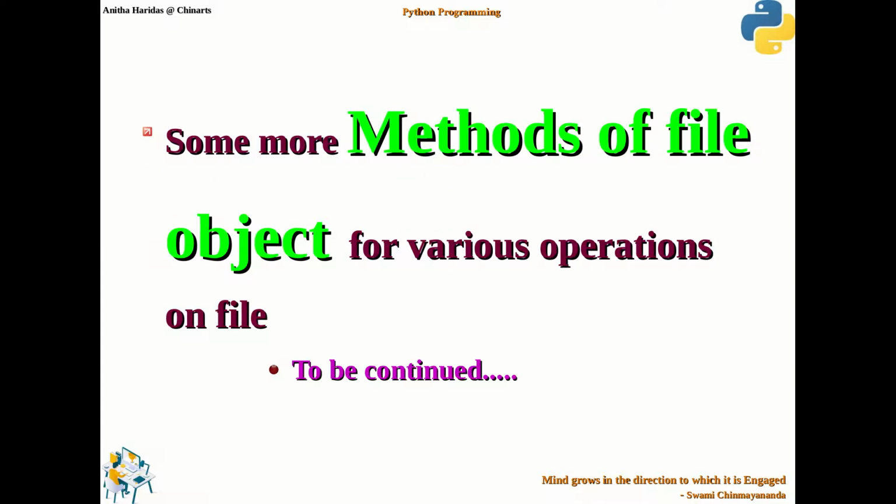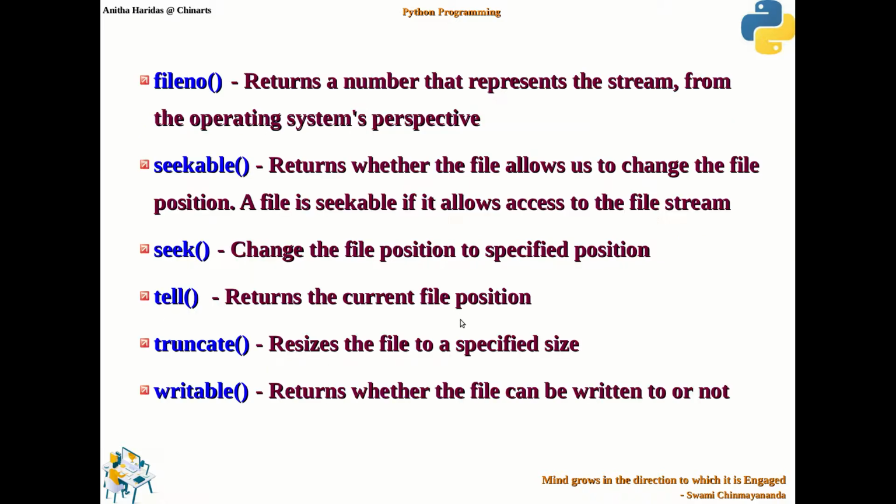So in this video we are going to talk about some more methods of the file object, which are again used for various operations. These are the methods we will be talking about today. The fileno method is one of the methods of the file object which returns an integer number representing the stream, or you call it the file descriptor of the file.